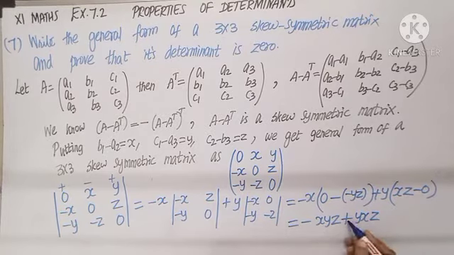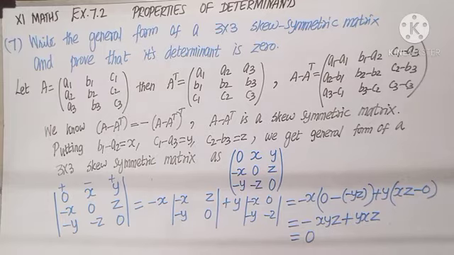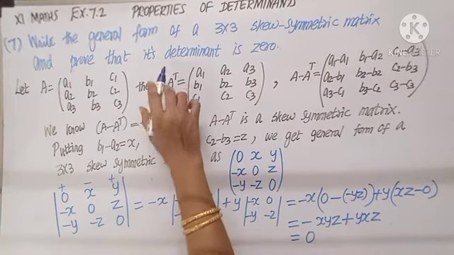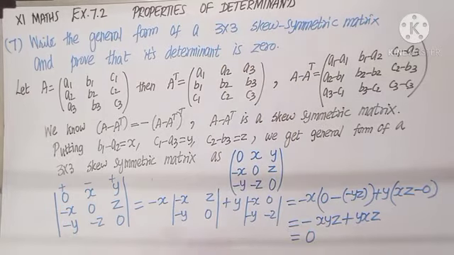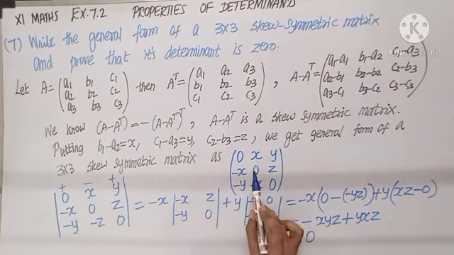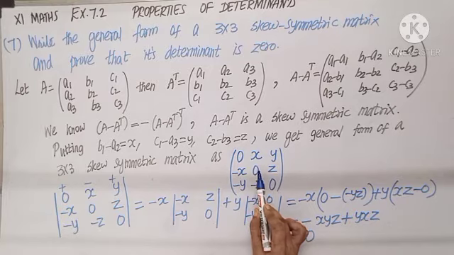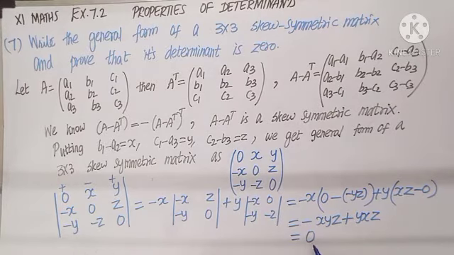Same term, plus and minus gets cancelled, so my answer is 0. The question is to show that the determinant of a general 3 by 3 skew symmetric matrix is 0. We have obtained a skew symmetric matrix and we have proved the determinant to be 0.